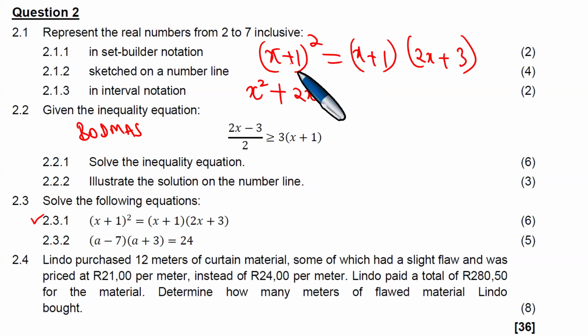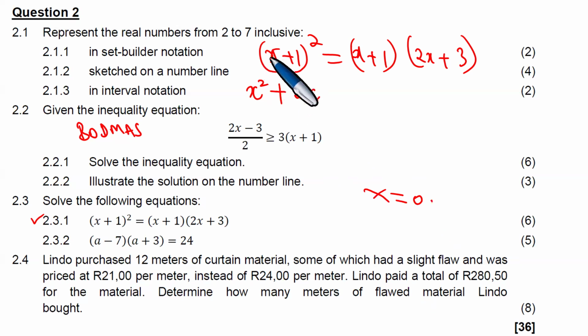Strictly speaking, 1 is positive, 3 is positive, we are sure about this. But x is a variable, so it will depend on the answer we get. If ever x becomes 0 in the end, I'm not saying it's going to be 0, then having read this x as a positive x becomes incorrect.